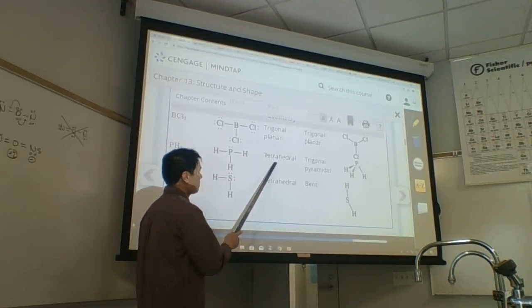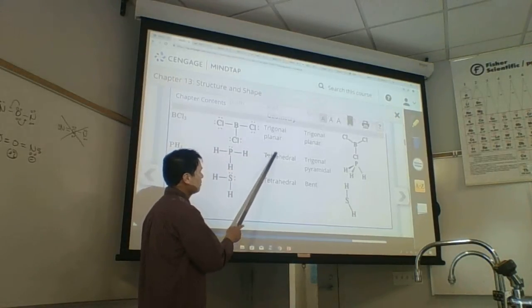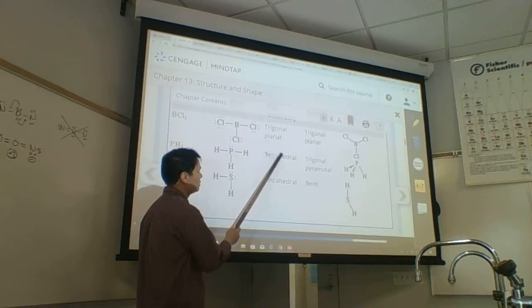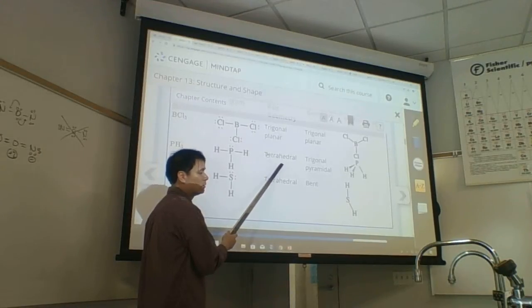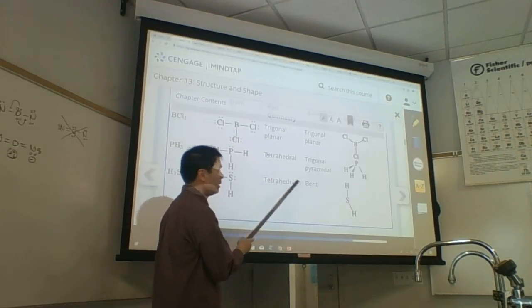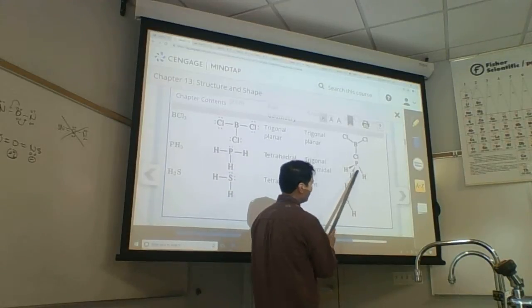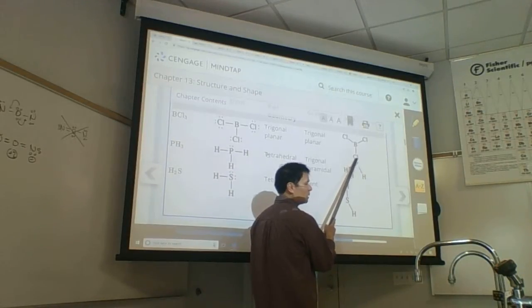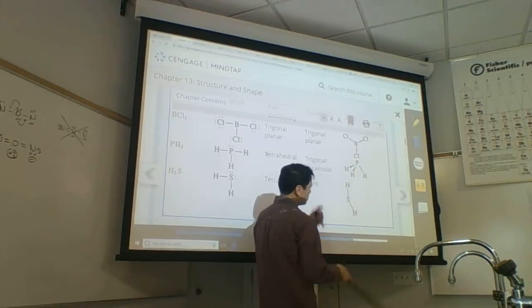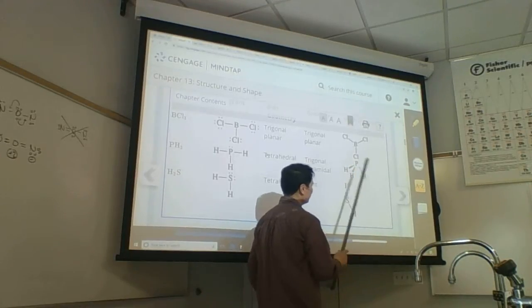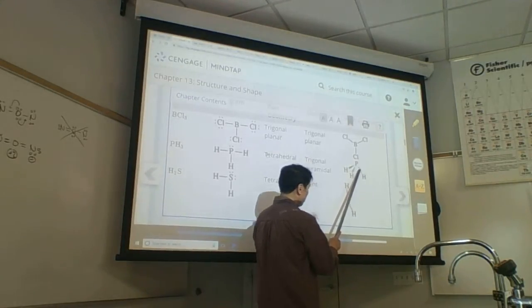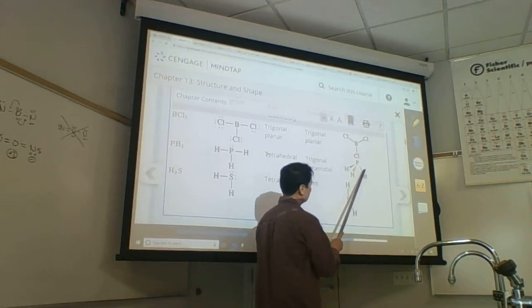Well, tetrahedral sets the angle. Trigonal planar sets the angle 120. Tetrahedral sets the angle 109. And so the HPH bond angle should be 109, then it's going to be distorted by the lone pair. But the distortions are extra. What we want to make sure is we get down the ideal angle undistorted here, 109.